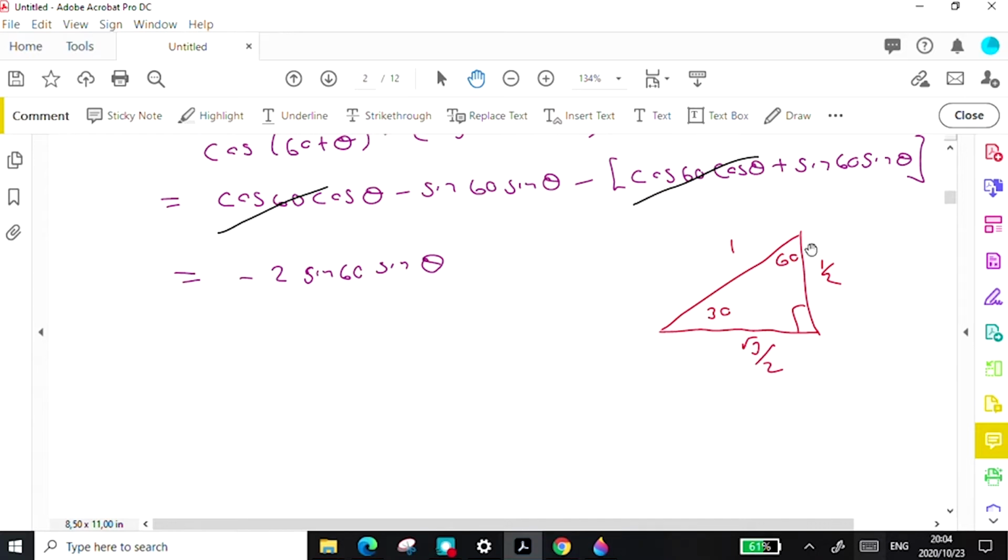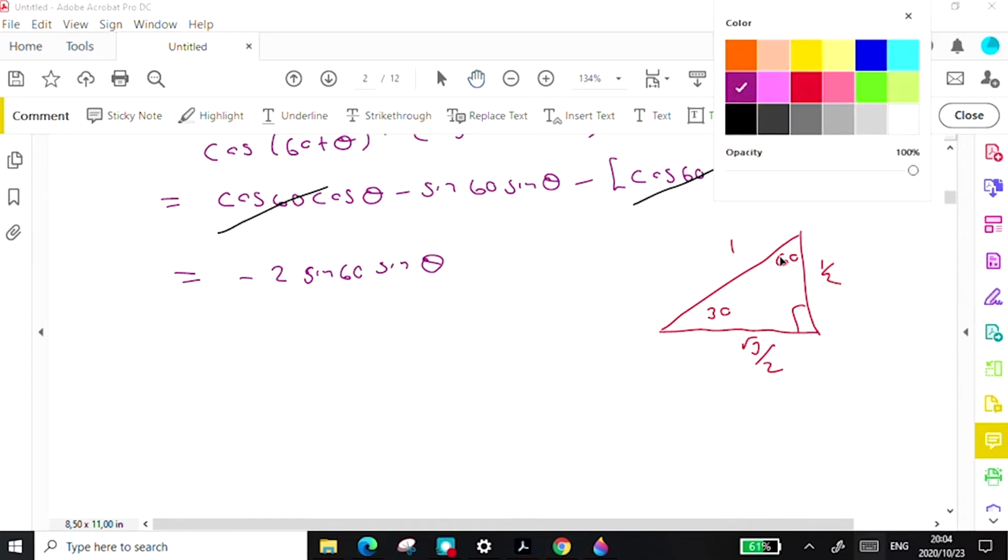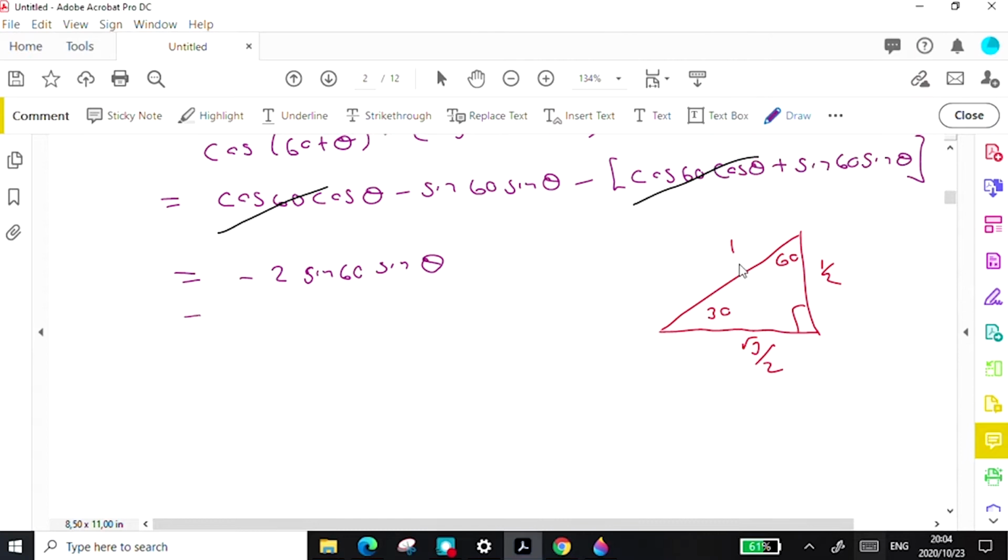So sine 60 is equal to y divided by r, which is equal to square root 3 over 2. So we have negative 2 times square root 3 over 2 sine theta.